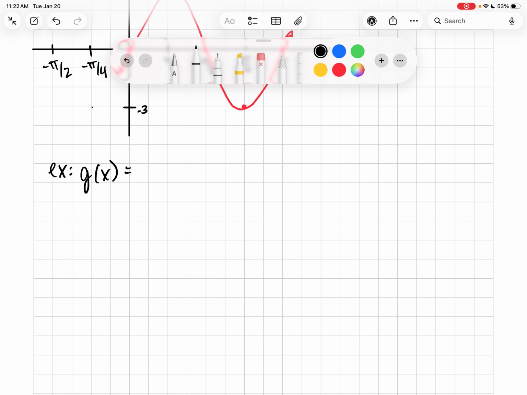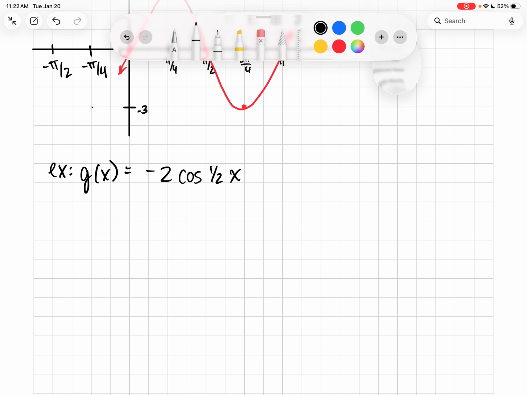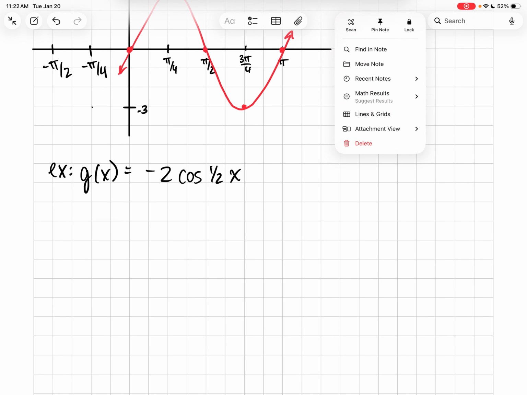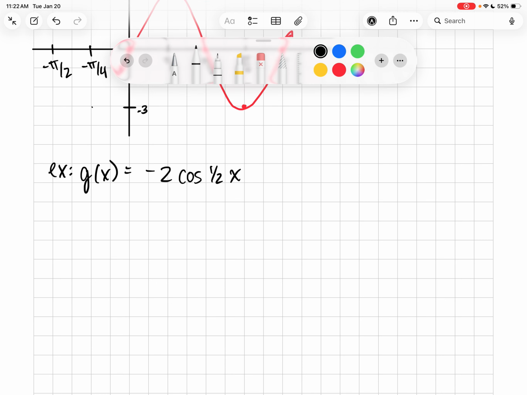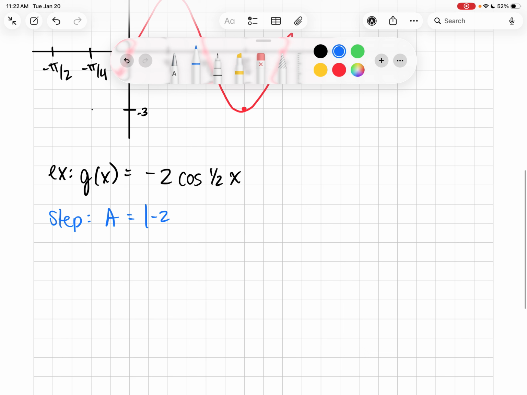G of x is equal to negative 2 cosine of 1/2 x. So, step 1, we find the amplitude, which is the absolute value of a, so the absolute value of negative 2 is positive 2.